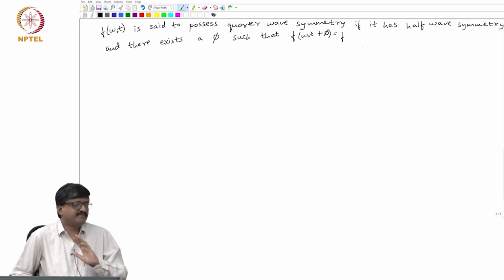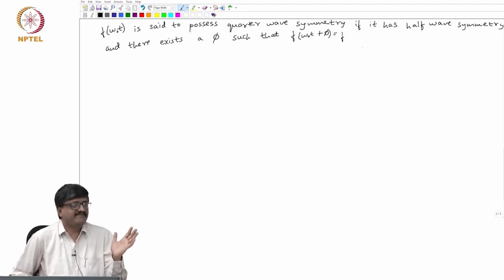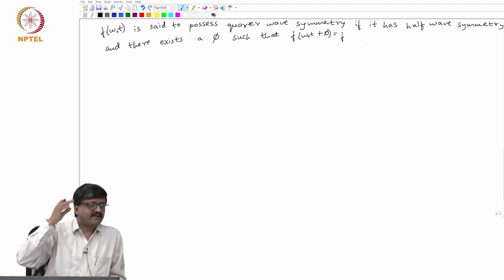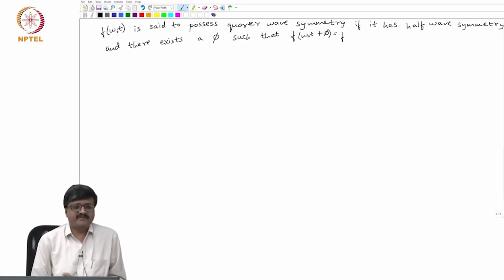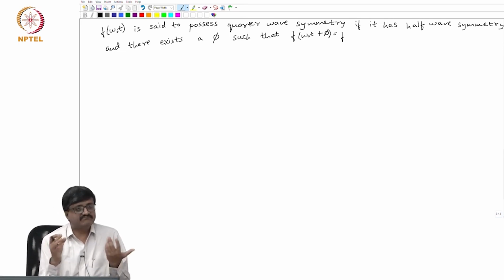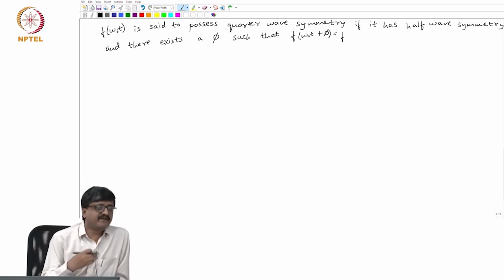By shifting a waveform, the RMS value of any harmonic component or fundamental or DC does not change. By shifting vertically you will have a change in the values, but by shifting laterally to the right or left, when I change the argument from omega o t to omega o t plus phi, I am essentially not changing the value of any harmonic component or fundamental or average value.